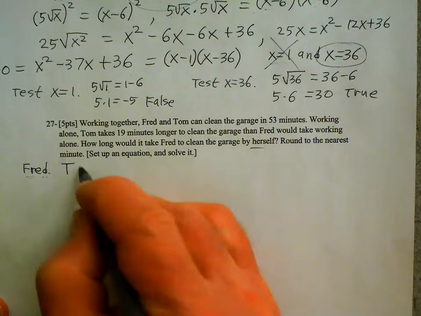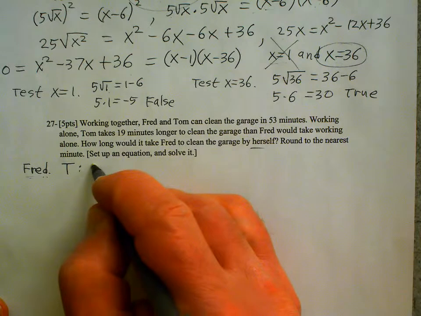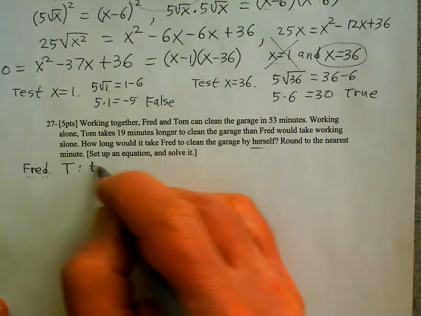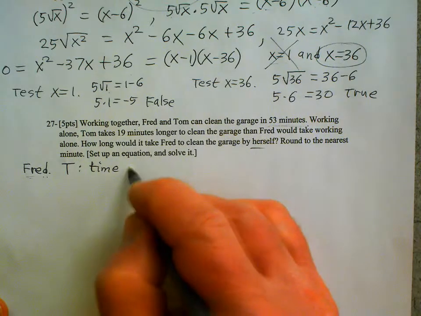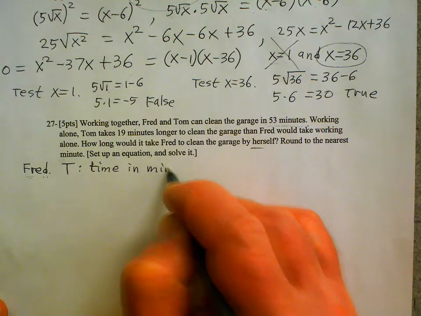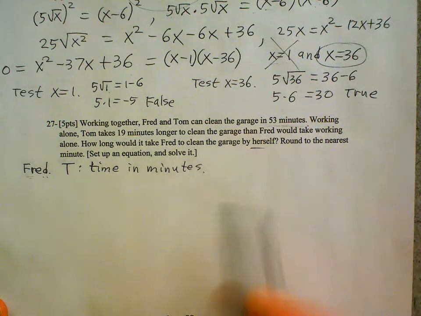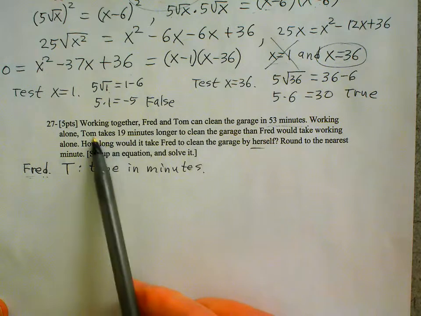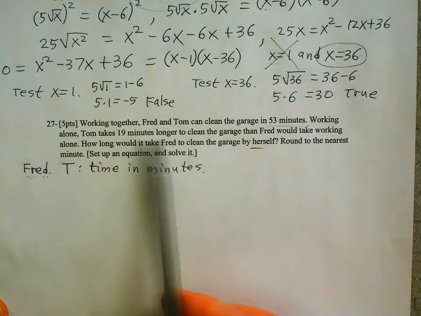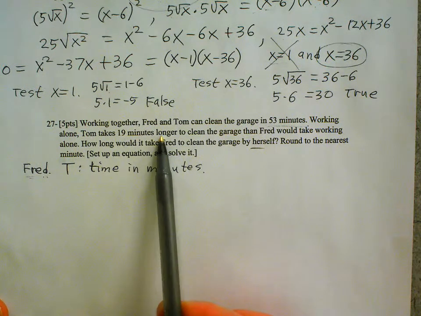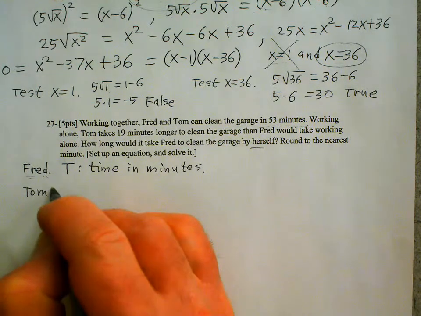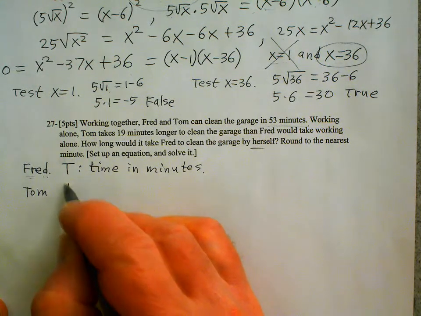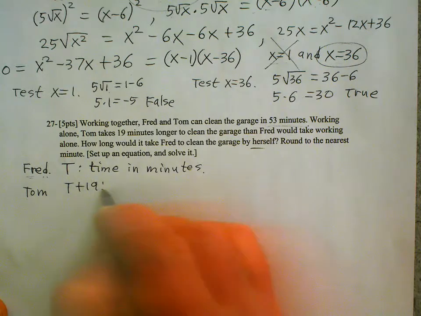So T is time in hours. Oh, sorry, time in minutes. And then we're told that Tom takes 19 minutes longer to clean the garage when working alone. So for Tom, time will have to be T plus 19.